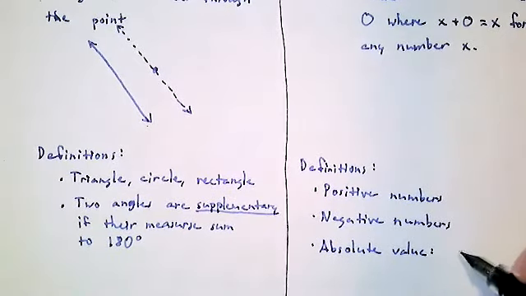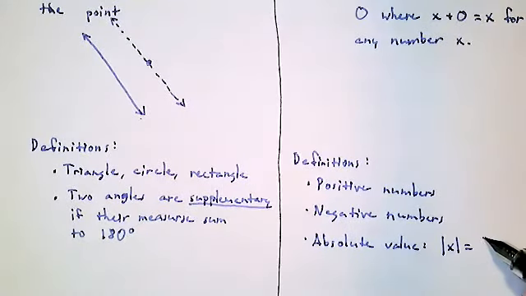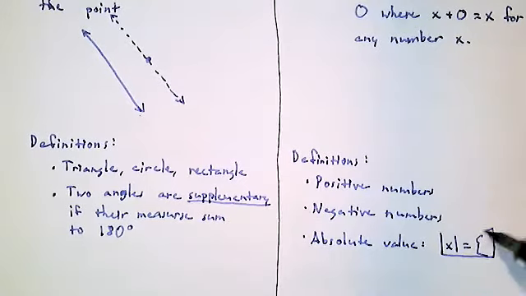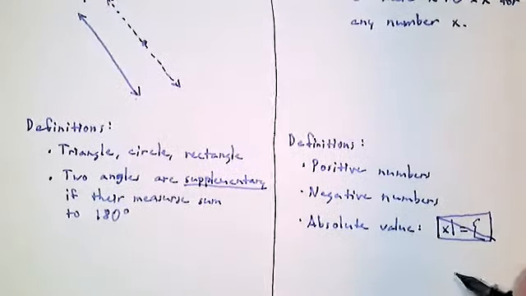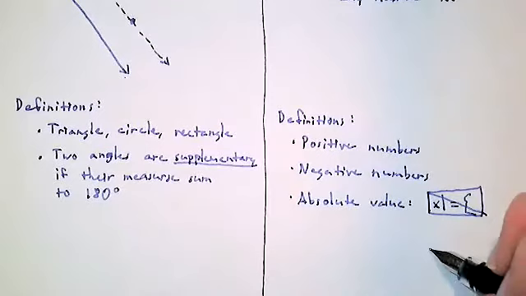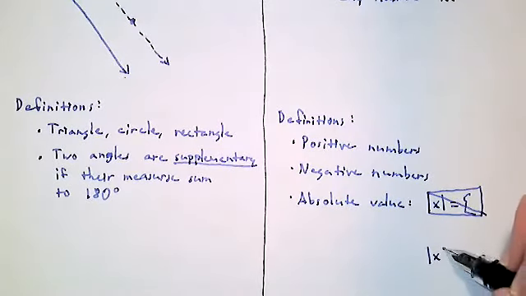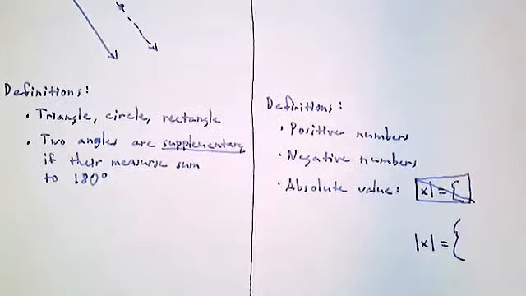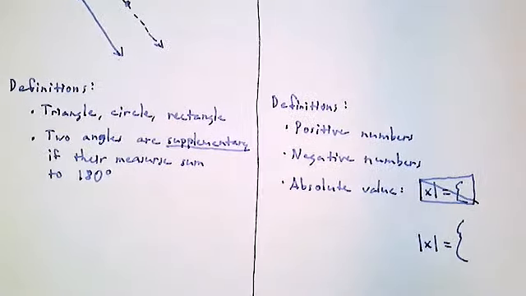So remember, the absolute value of a number depends on the value of x, whether it's greater than or equal to 0 or less than 0.